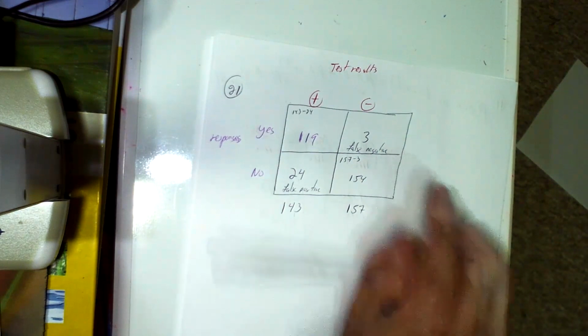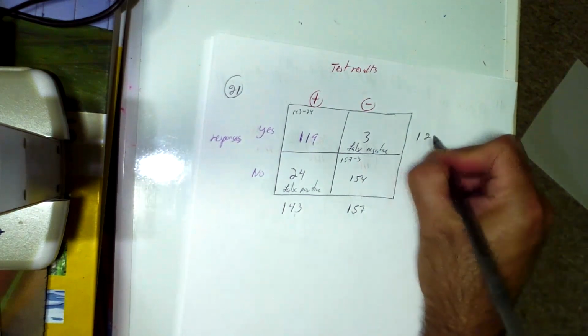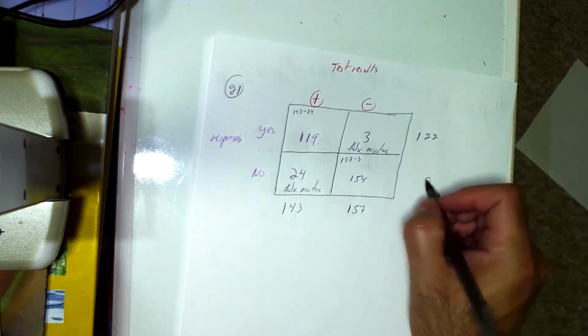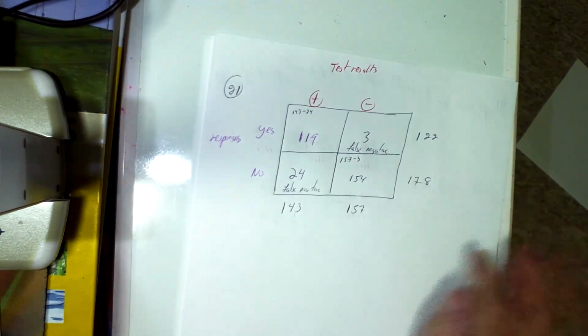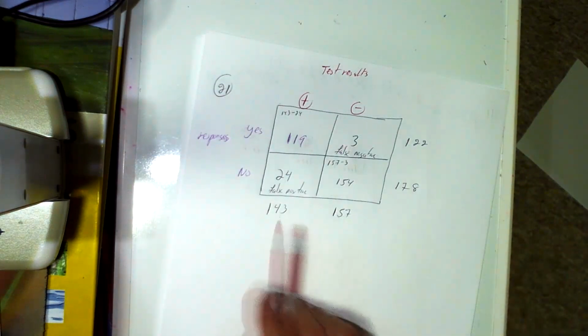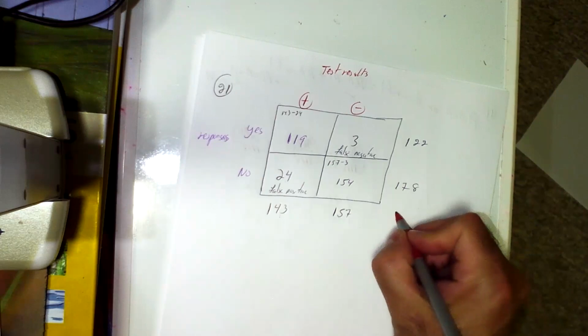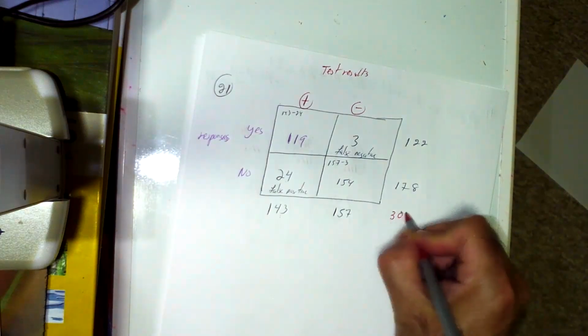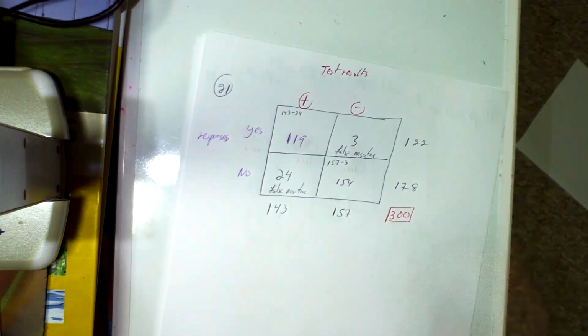So this would be 122, and this would be 178, which gives me a grand total of what? If I add those two and those two, it should give me 300. Should be 300.